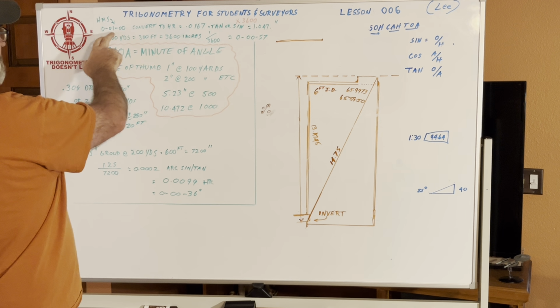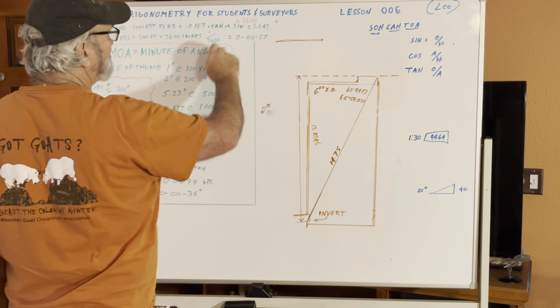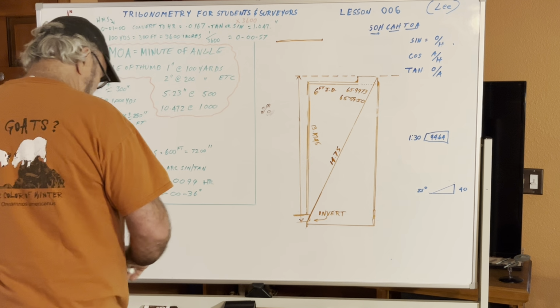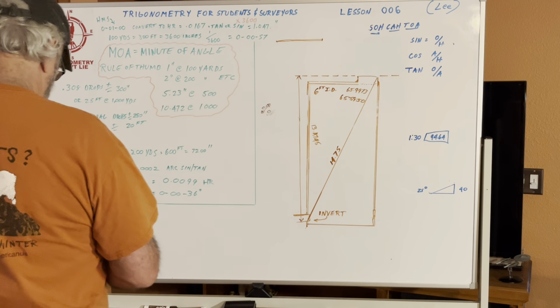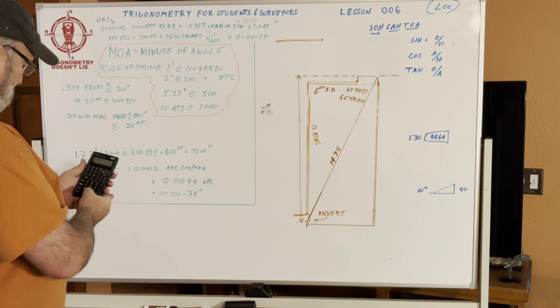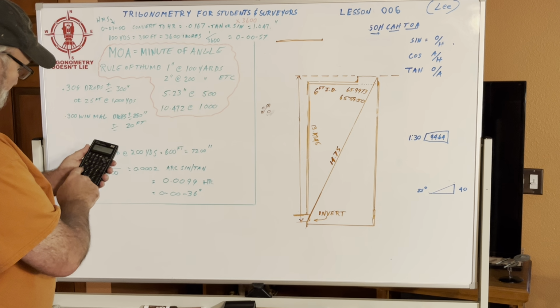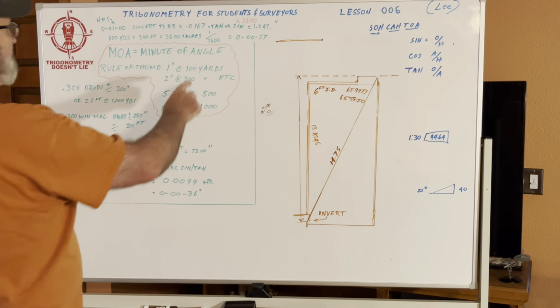So you already got your angle, you convert it to that, and then you take the tangent or the sine and multiply it times the distance. Let me work that out. All right. So we're going to go 0.01, and now we're going to convert it, and that comes to 0.167.